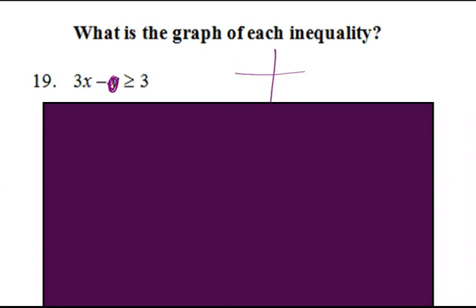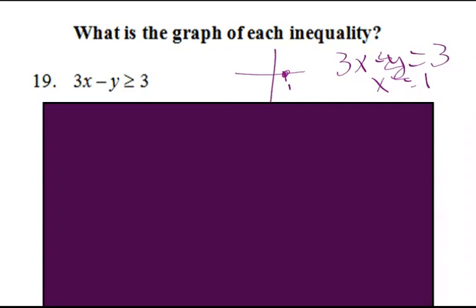Actually, when we solve for those, we need to put in the equal sign. So do that again. To get your x and y intercepts, we're going to do 3x minus y equals 3. Now turn y to 0, and that goes away, and we get x equals 1. So our x-intercept is 1.